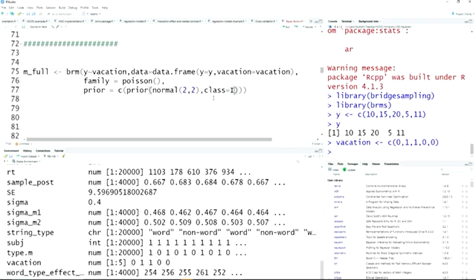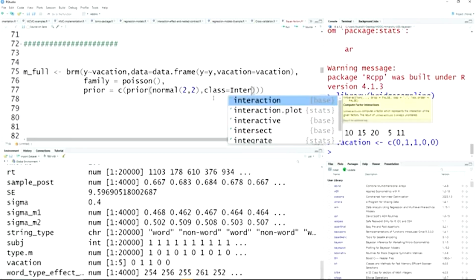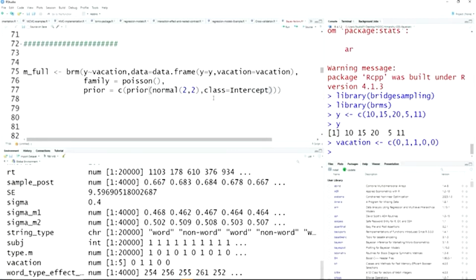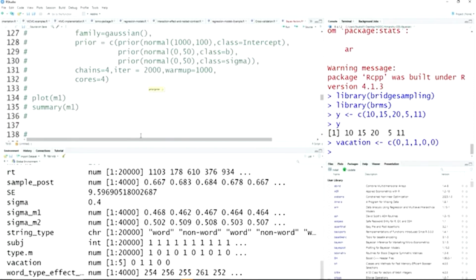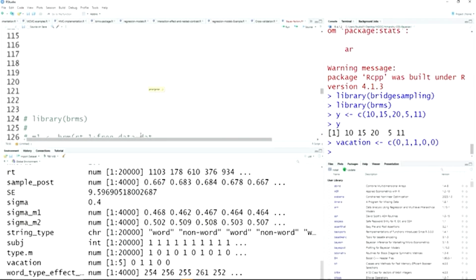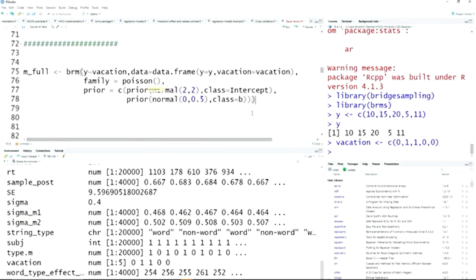Alpha is class intercept, and normal(0, 0.5) is for class b. Yes, this is fine. So I've set up the priors.